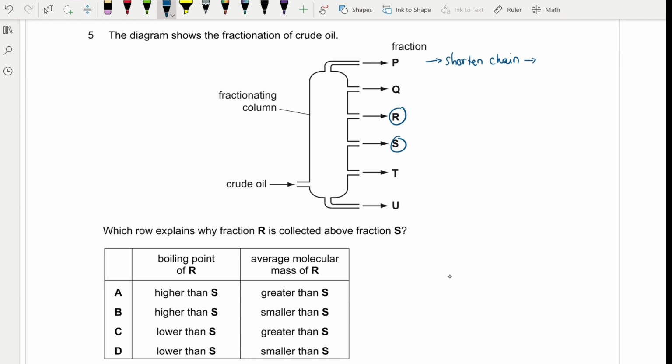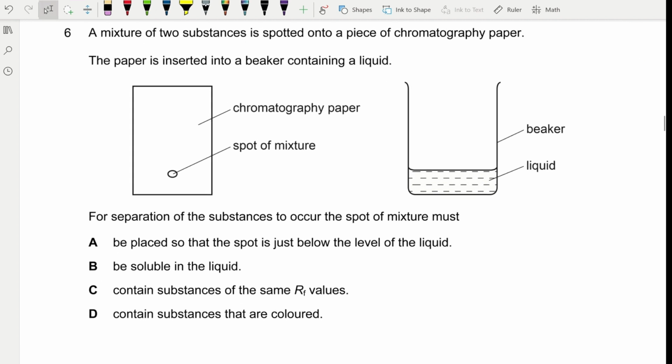And because they are smaller, the intermolecular force is weaker. And therefore, boiling point is low. So R is above S. That means R must have lower boiling point than S, and the average molecular mass is smaller than S. Answer is D.